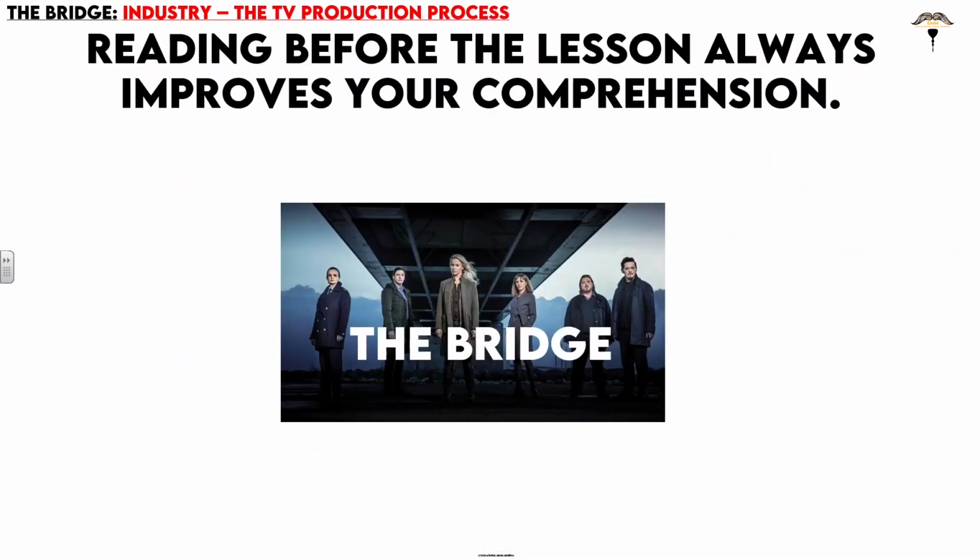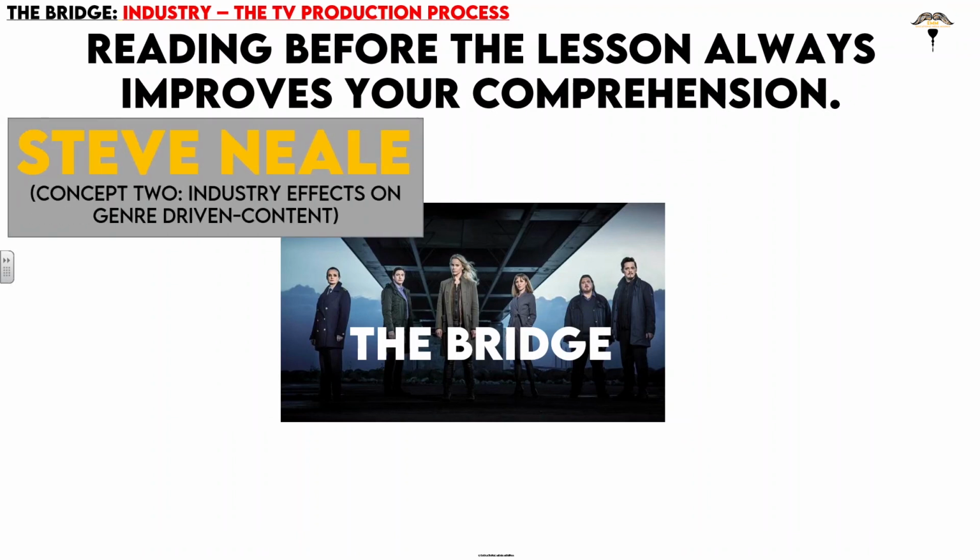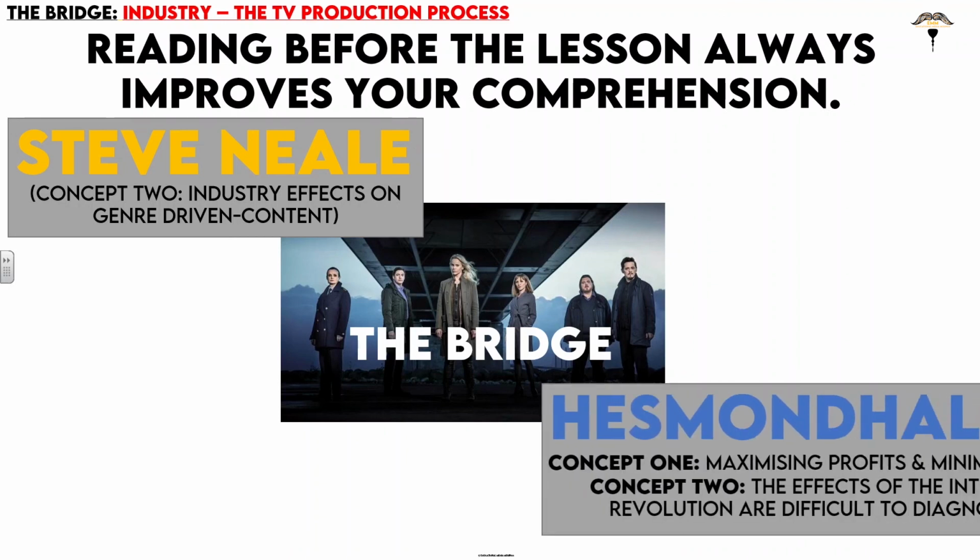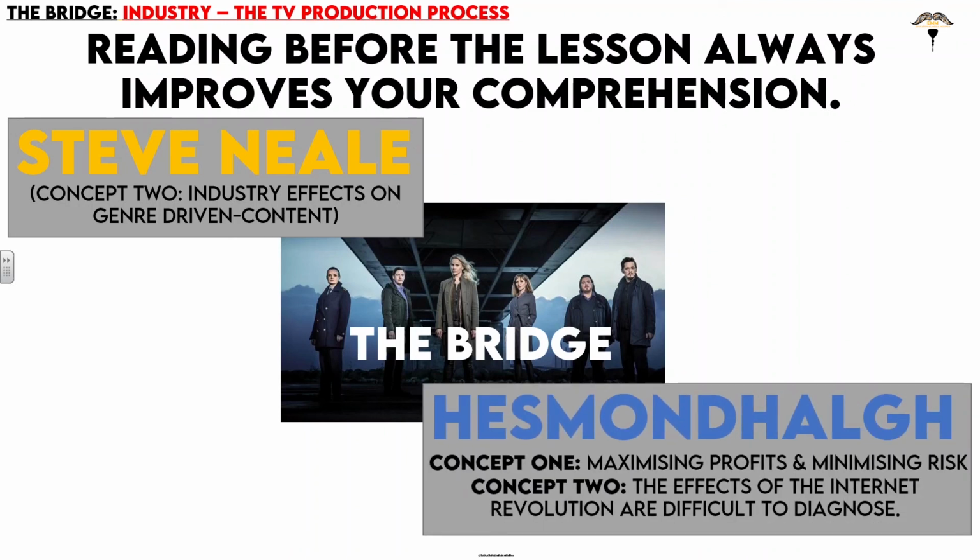So before you watch the next lesson, do some reading. There's this great book called Media Theory for A-Level, and I suggest that everyone buys a copy because it goes through all the theories that you need for the course. I want you to read Steve Neale's Concept 2, industry effects on genre-driven content, and Hesmondhalgh's Concepts 1 and 2 in terms of maximising profit and minimising risk, and his ideas about cultural industries.